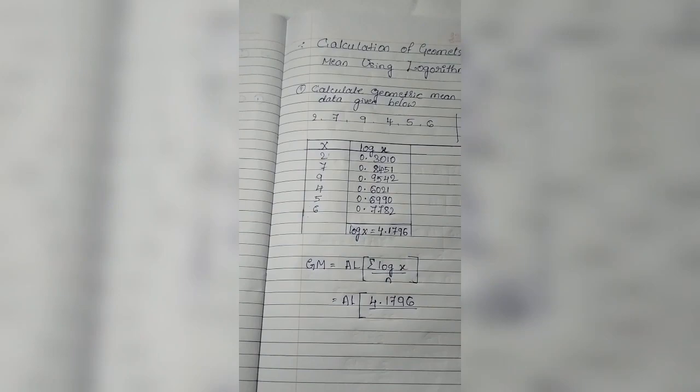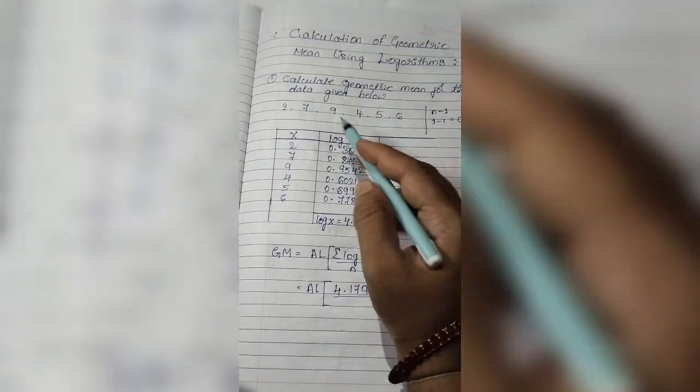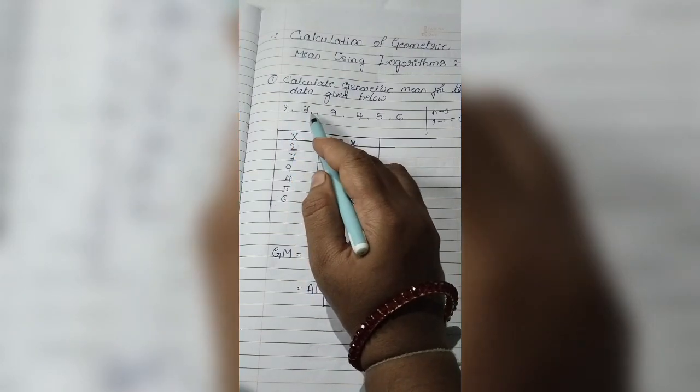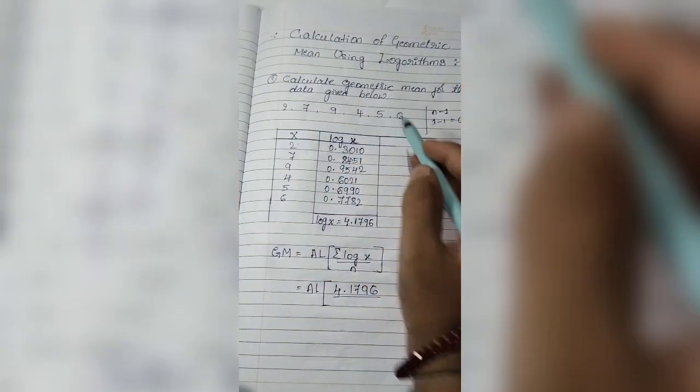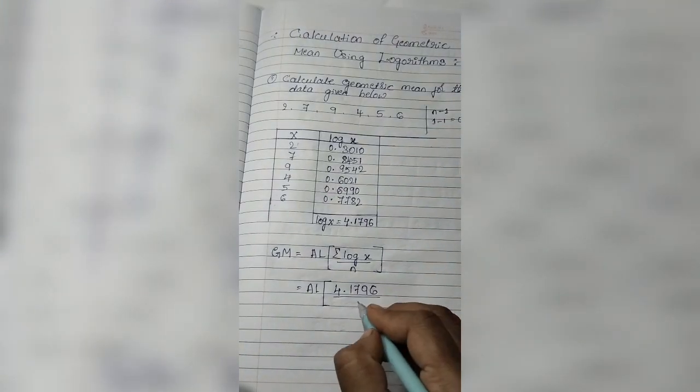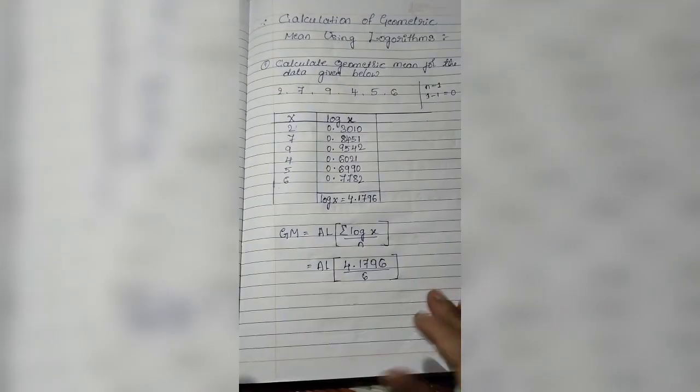N means the number of observations. How many observations are given here? 1, 2, 3, 4, 5, 6. A total of 6 numbers are given, so n is 6.